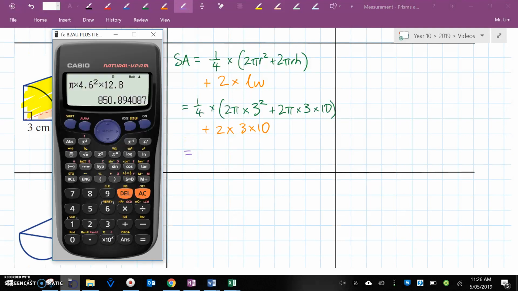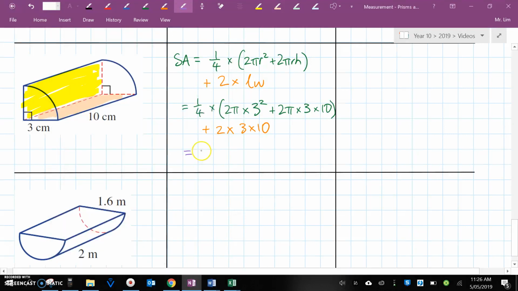When we put that in our calculator, what do we get? 1/4 times 2 pi times 3 squared plus 2 pi times 3 times 10, and then we're going to add 2 times 3 times 10. 121.26 centimeters squared.